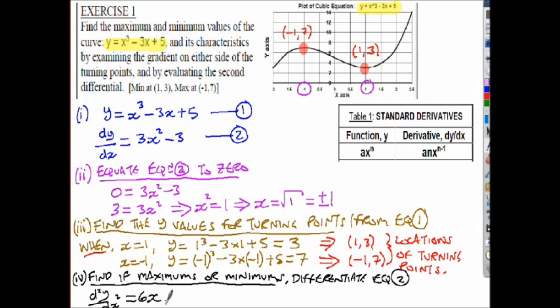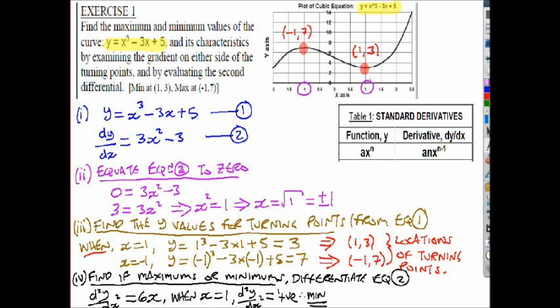Okay, so that's all we're going to do, put the values of x in. So when x is equal to, let's take the first value of 1, we can see that d2y by dx squared is equal to a positive value. I'm not bothered about its actual magnitude. It's obviously 6 in that case, but I don't care. It's a positive value, so that's a minimum.